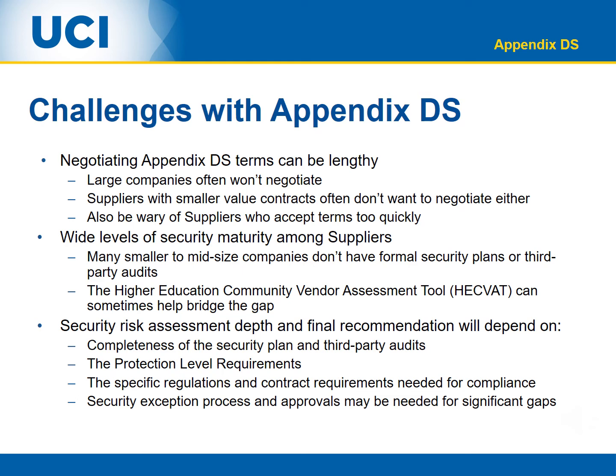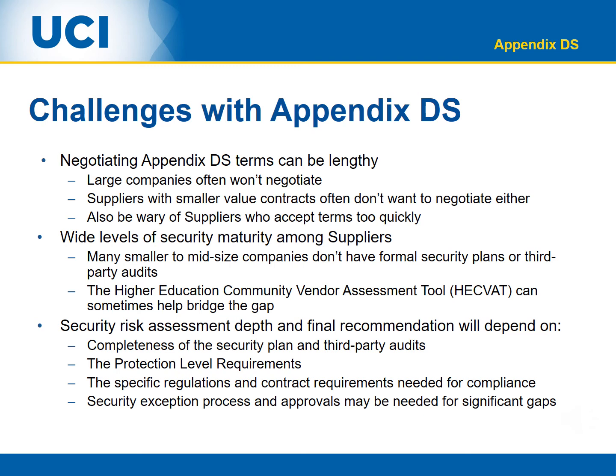We also see wide levels of security maturity amongst suppliers. So many smaller or mid-sized companies just simply don't have formal security plans that they can give us, and almost certainly don't have their security plans audited to the standard that we want to see.